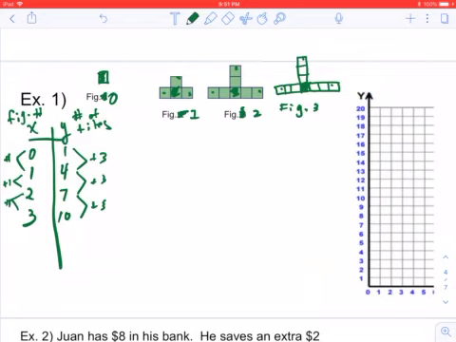Okay, so now we can go ahead and graph that as well. We have 0, 1 as our first coordinate. Then we have 1, 4. And then 2, 7, and then 3, 10. And again, each time we're going up 1, 2, 3, and over 1, up 1, 2, 3, and over 1, up 1, 2, 3, and over 1.